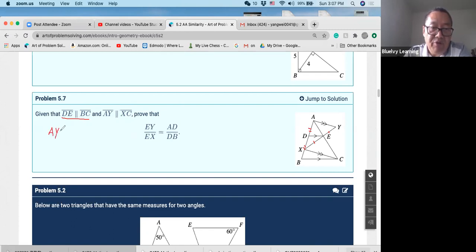Now let's say AY is parallel with XC. This one parallel with this one, we can get triangle EAY similar with triangle ECX.